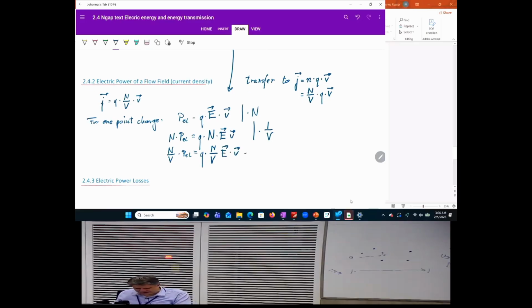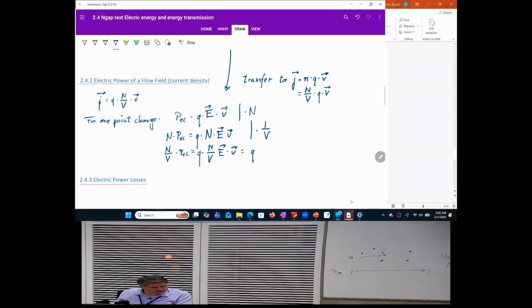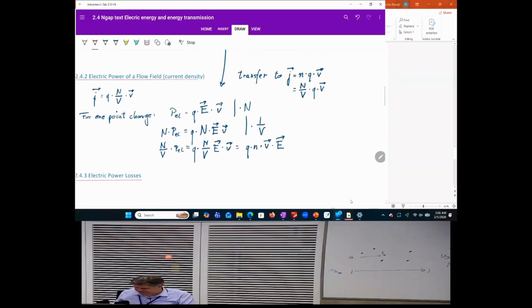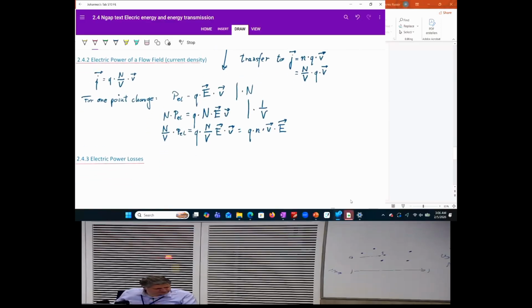And then we can rearrange that a bit. We write here the Q, the total number over volume, that is particle density, small n, times the velocity times the electric field. And these first three, you will recognize, are from the previous set of notes. You remember that is exactly our current density.